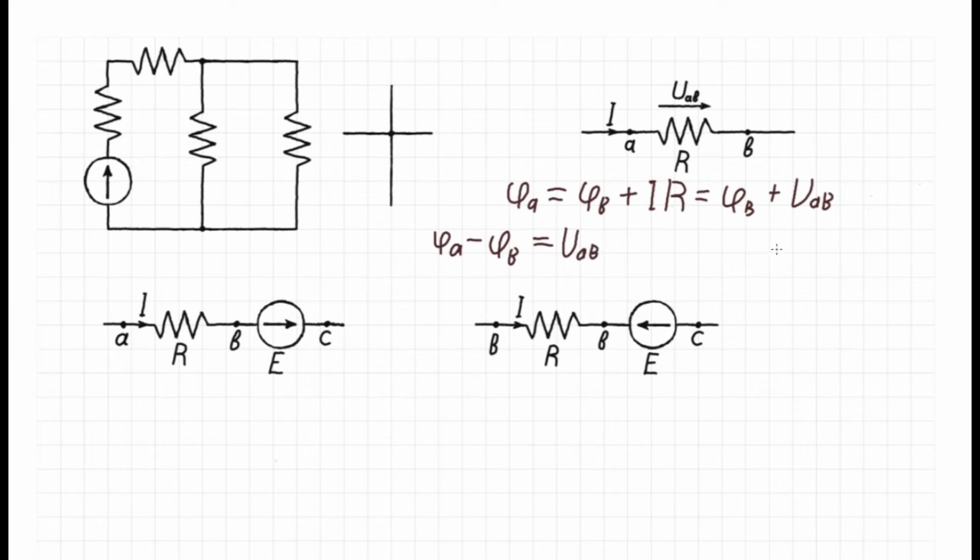It is UAB. Okay, phi A minus phi B equals UAB, and hence it follows that UAB divided by R equals I. I is a current, as we know from our theory.